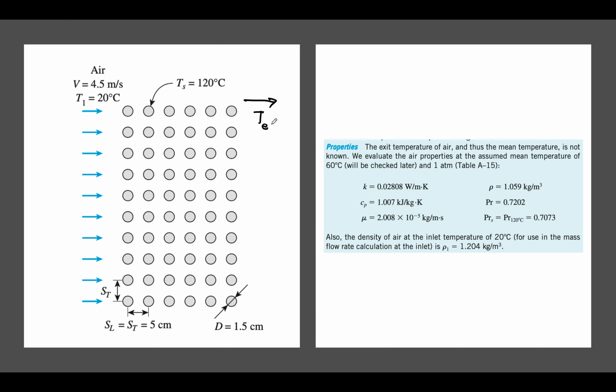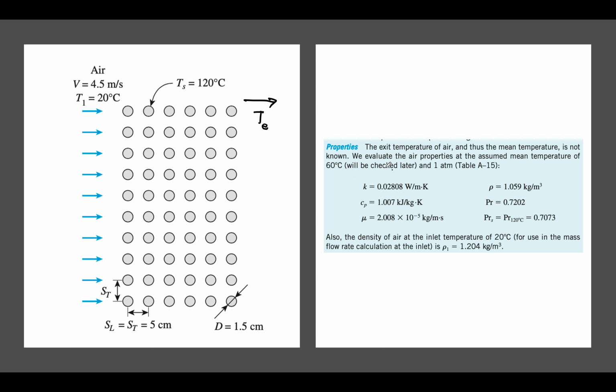So at this point we will assume that the mean temperature, (Te plus Ti) divided by 2, is equal to 60 degrees Celsius. Why? We need to determine the properties at the mean temperature in order to find the Nusselt number, or rate of heat transfer, for this question.